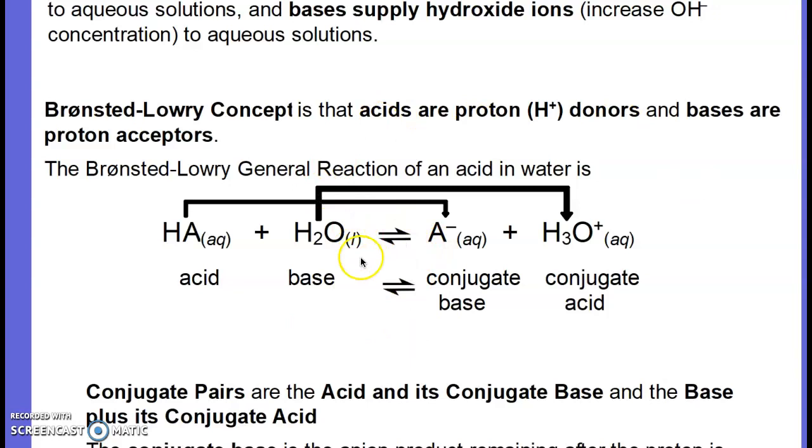To the left, you have your reactants. Here's just generic H with some ion, plus water. It has to be in aqueous solution. It's not an acid unless it's in water. So you have this generic H plus some anion.